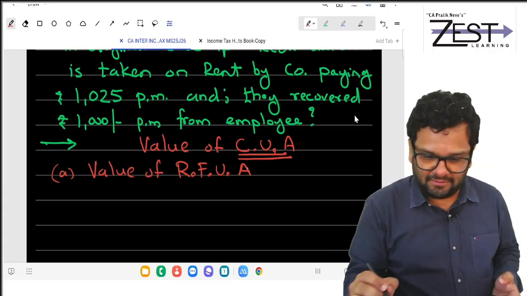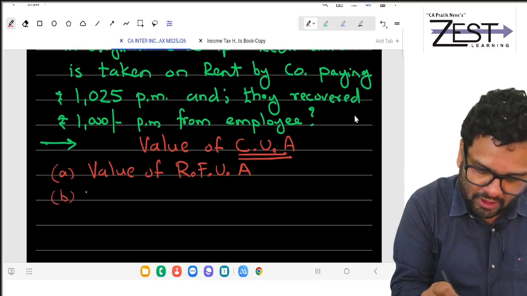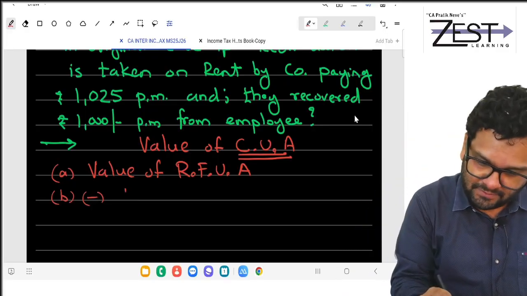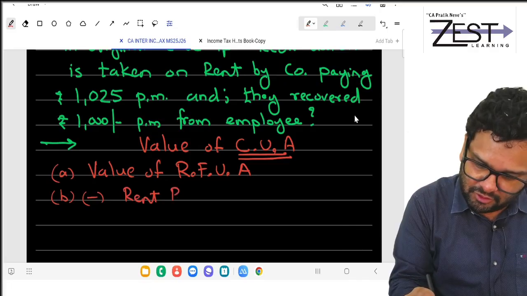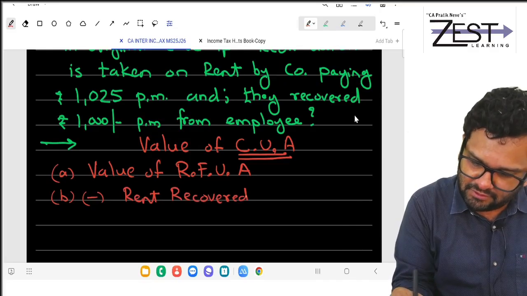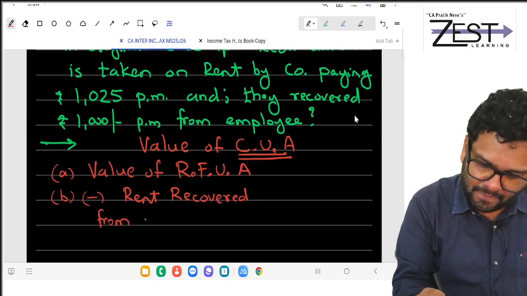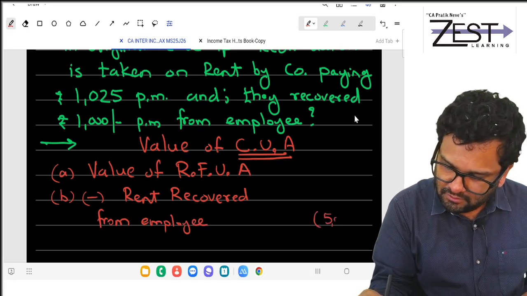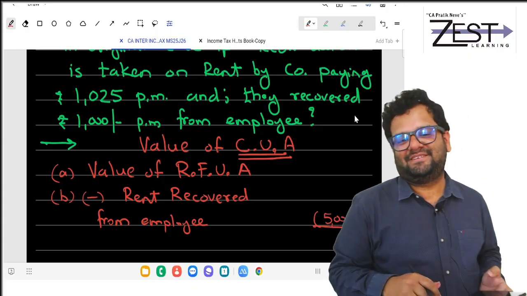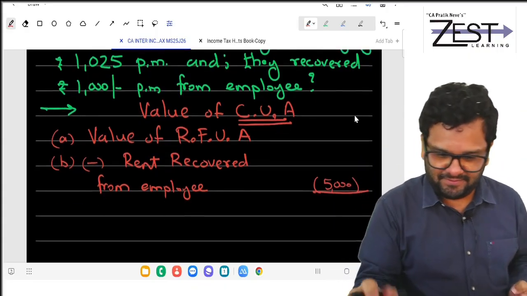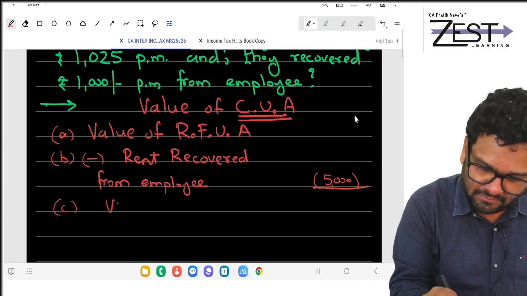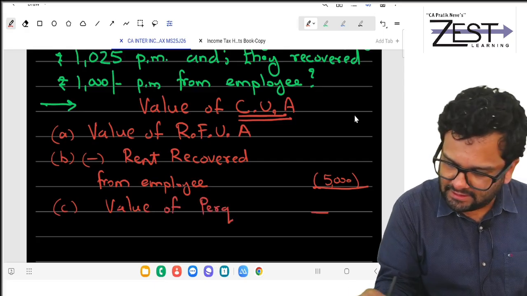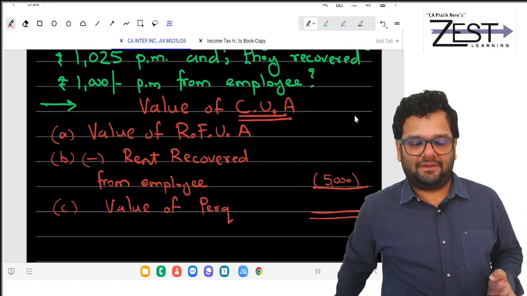Can you help me in that? Of course, you have to. Less what? Rent recovered from employee. What is rent recovered from employee? It is 5,000. So here you get the value of perk. Agreed with me? What is pending?